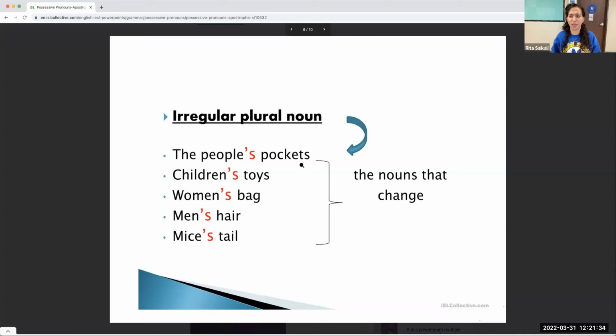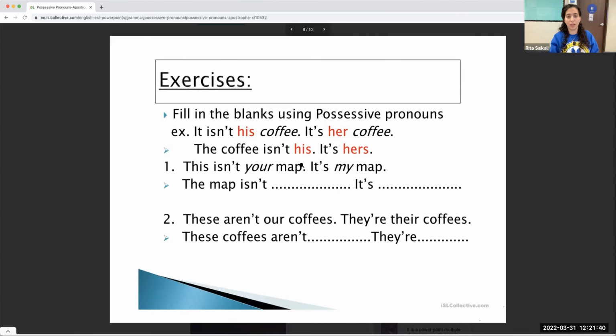Questions, doubts, thoughts, problems? Okay, no. Cool. All right, so let's try this exercise. Fill in the blanks using possessive pronouns. It isn't his coffee, it's her coffee. The coffee isn't his, it's hers.